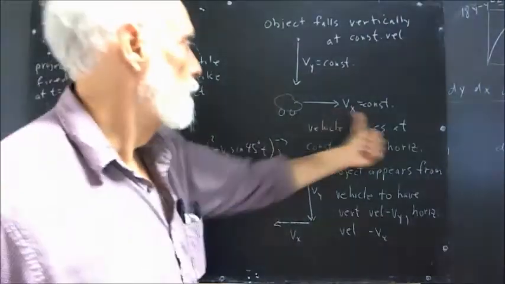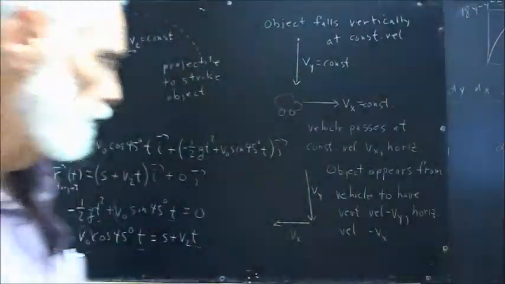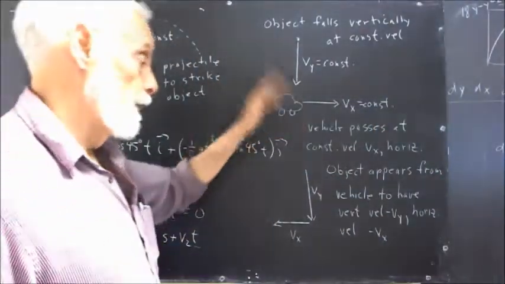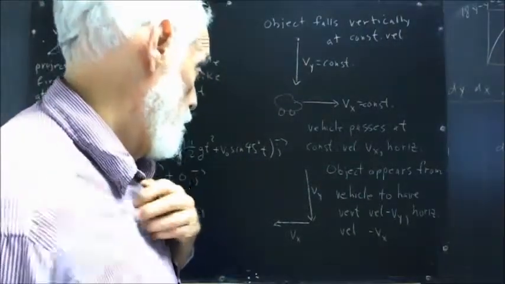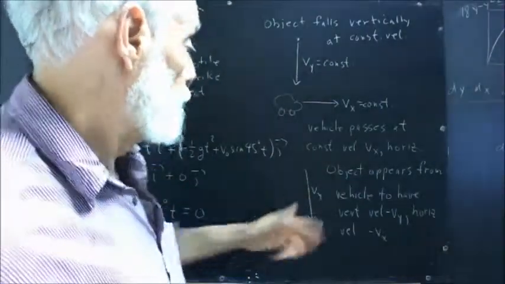The vehicle could be moving this way and the velocity would be positive, and I'm assuming a standard XY coordinate system. And that should be fairly obvious.